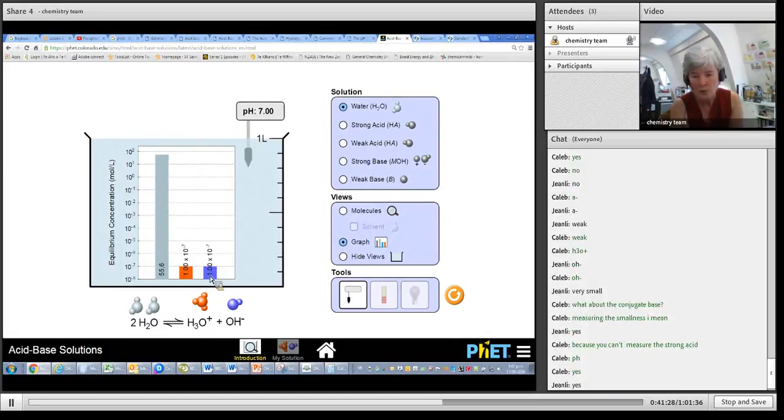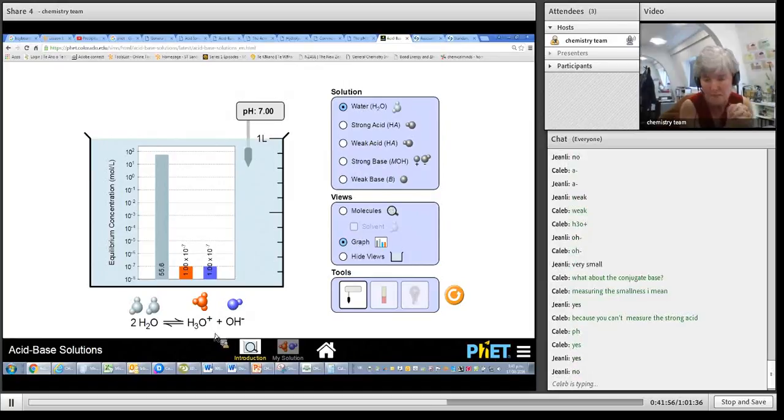And that is called the K, because it's an equilibrium constant. Remember, equilibrium is always the multiplication of the products divided by the reactants. So if I'm doing this equilibrium constant, it's that times that concentration divided by the water. Now, water is a liquid. Will the concentration of pure liquid water change for a fixed temperature?